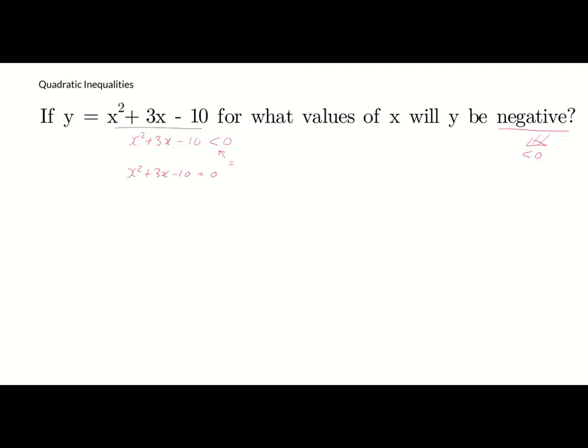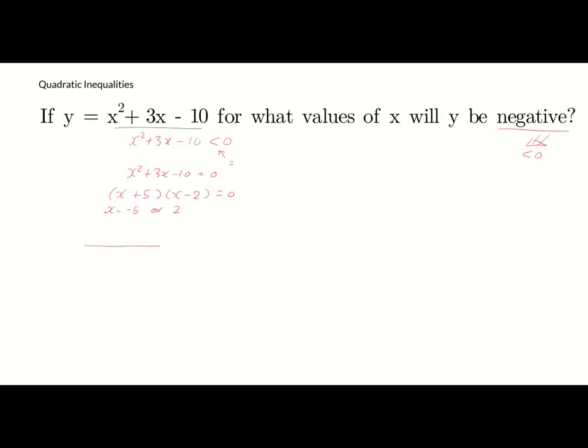Now we know that first we make the right hand side 0, and then we're going to factorize it. Okay, so we're looking for two numbers that multiply to negative 10 and add to 3. So those two numbers are positive 5 and negative 2. So when we solve this, either x plus 5 is equal to 0 or x minus 2 is equal to 0, giving us x is equal to negative 5 or 2.